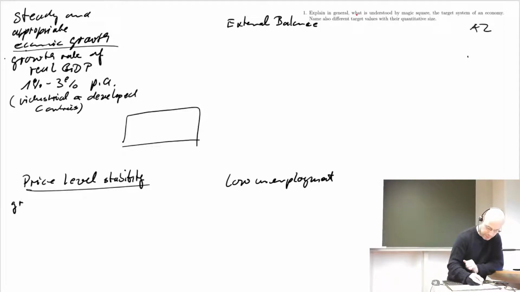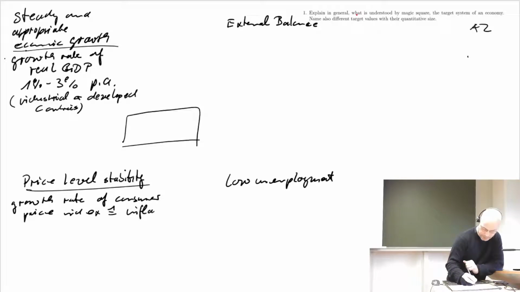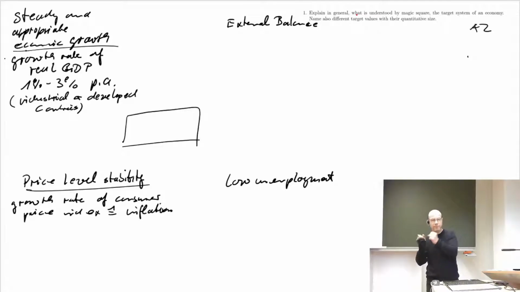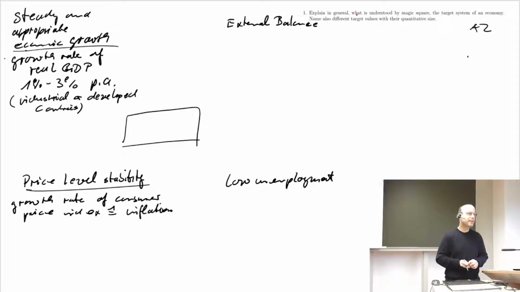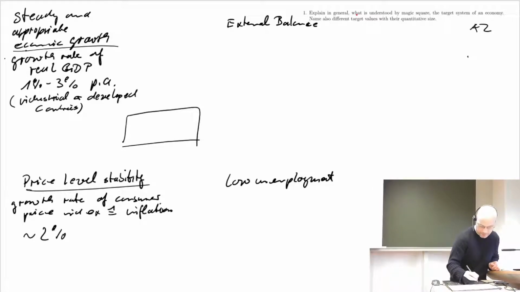So in general, we can say also growth rate of consumer price index, and this is of course inflation. And for the Eurozone, there we have really a definite target, and this is around 2%.